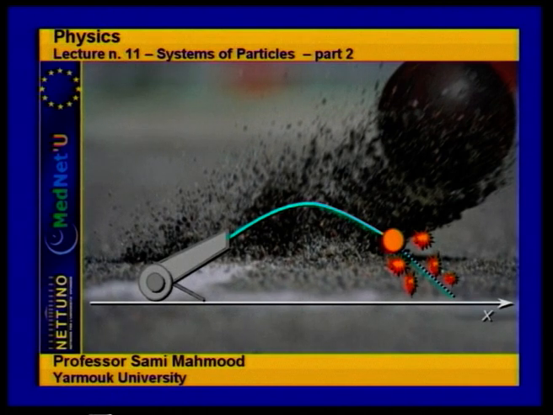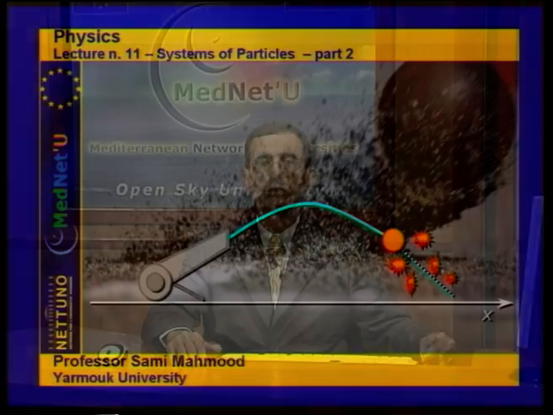The ball is considered to be spherical, and its center of mass is simply the center of the ball itself, assuming that its density is uniform. Now, after exploding, it consists of a system of fragments that result from the explosion.